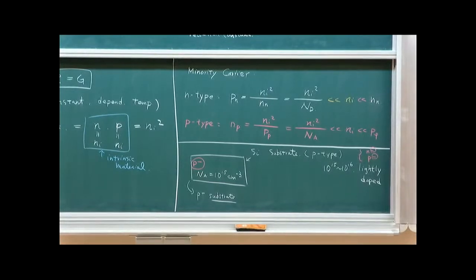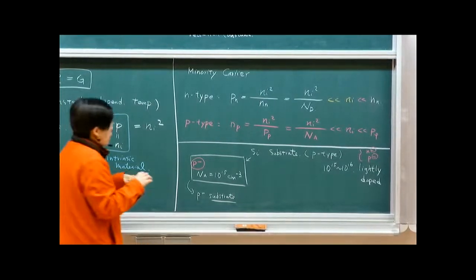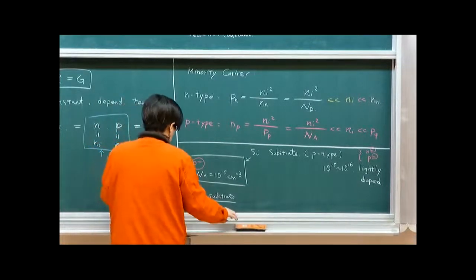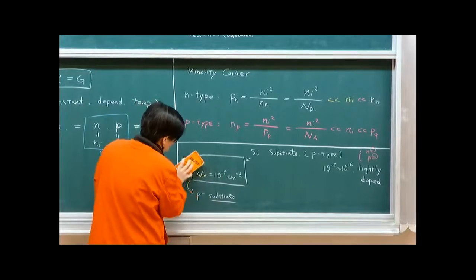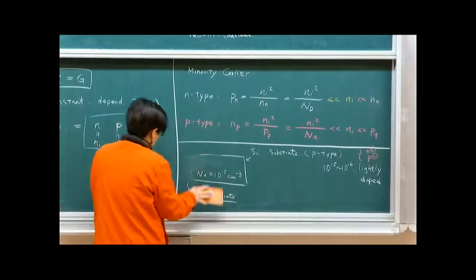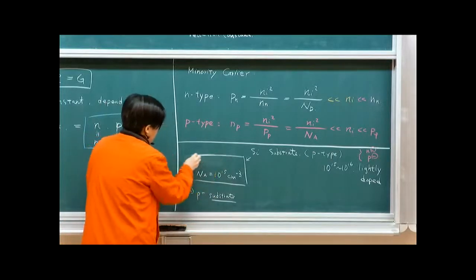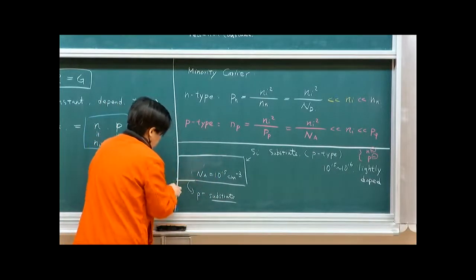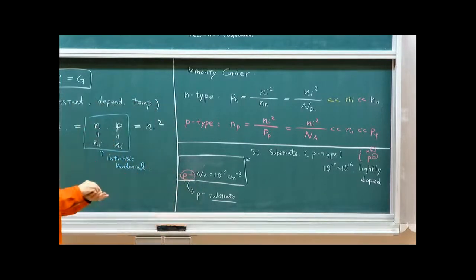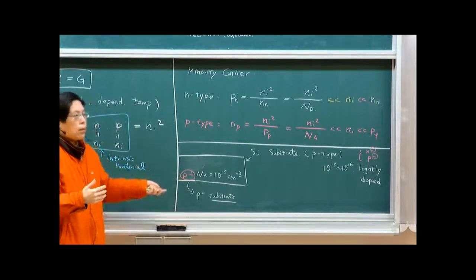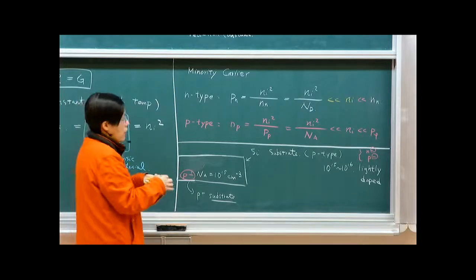Okay? So if I want to make a structure on top of it, what is typically done is called counter doping. Let me expand the version a little bit. I start with a substrate, also referred to as the P minus version. If I want to make the surface another type, meaning that I start with a P minus and want to make it into an N type, that's how you make a PN junction.